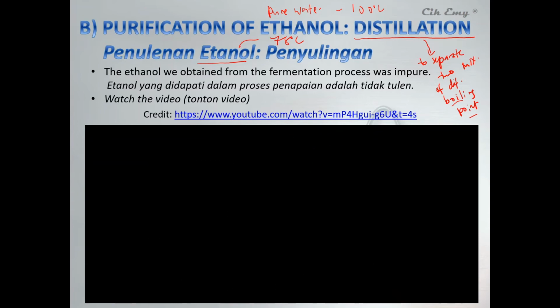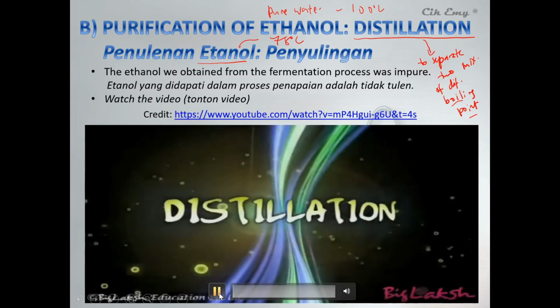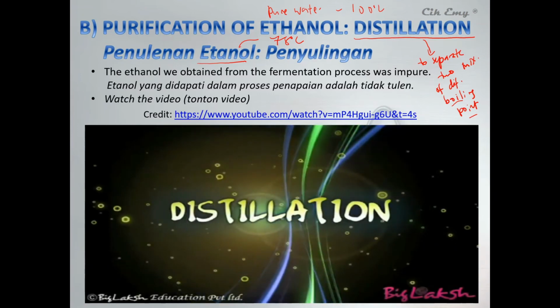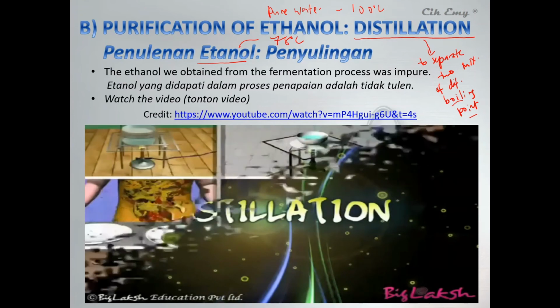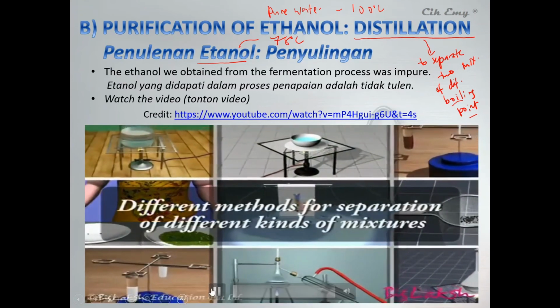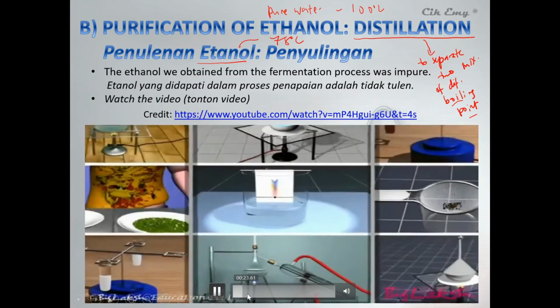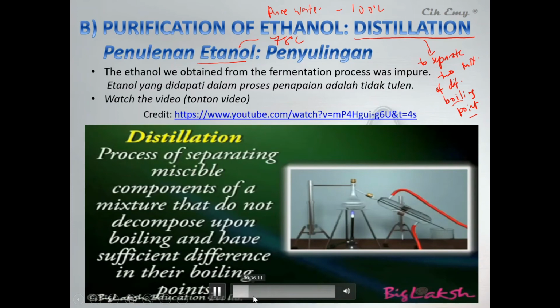So kita tengok video ni dulu, lepas tu cikgu akan explain macam mana dia berlaku. Distillation. We know that different methods are used for separation of, well, such of a mixture that do not decompose upon boiling and have sufficient difference in their boiling points.